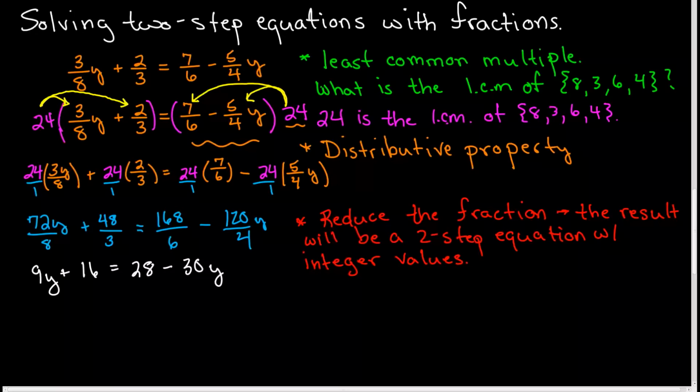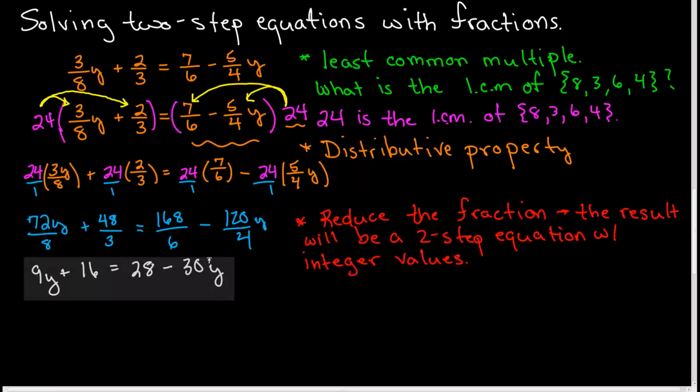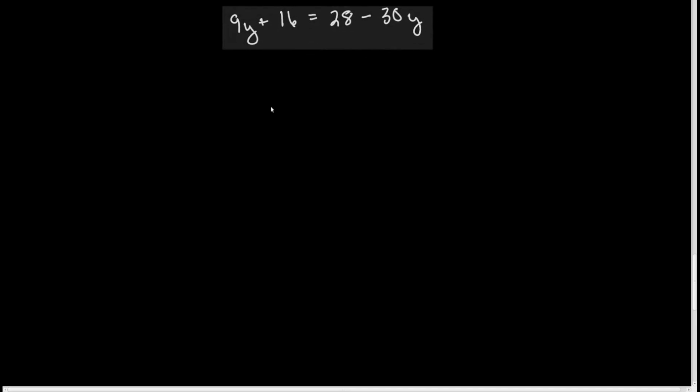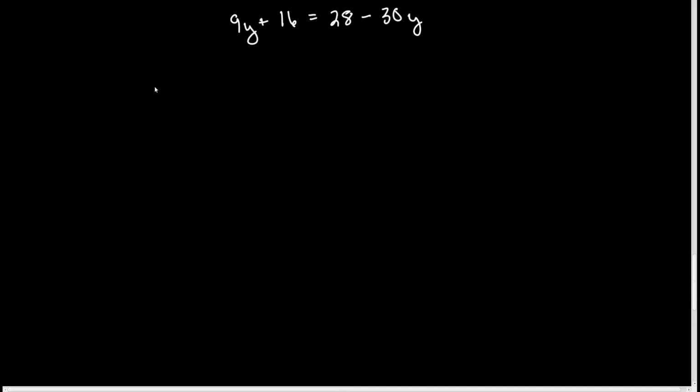Okay, well, I hope you had time to work this out and hopefully you got the right answer. So let's copy this to a new page. That way we don't have to switch in the middle of solving. And I won't write the steps again because that was the topic of our last video, but I'll talk you through it. First thing, we need to subtract or add our smallest y term to both sides.